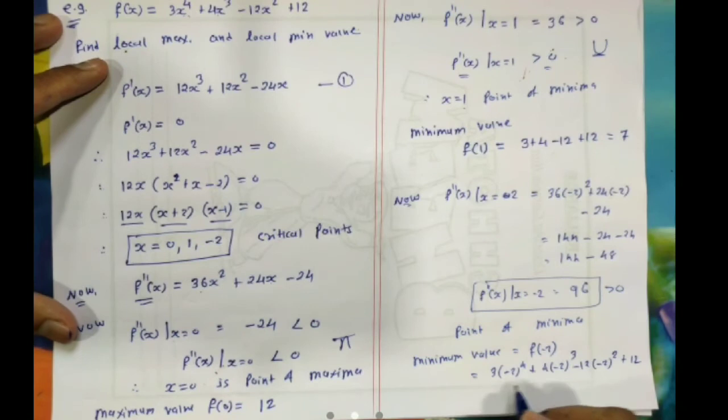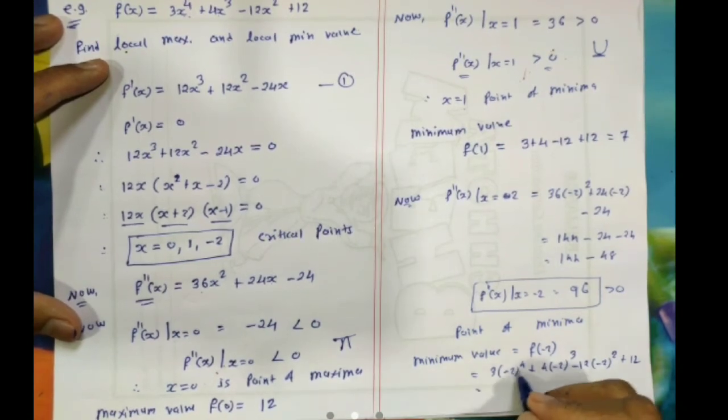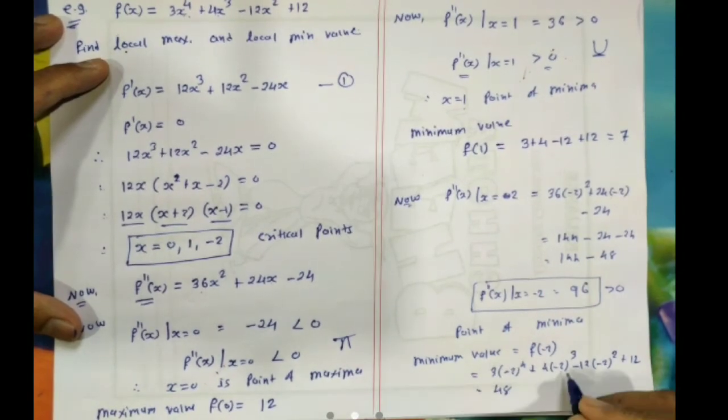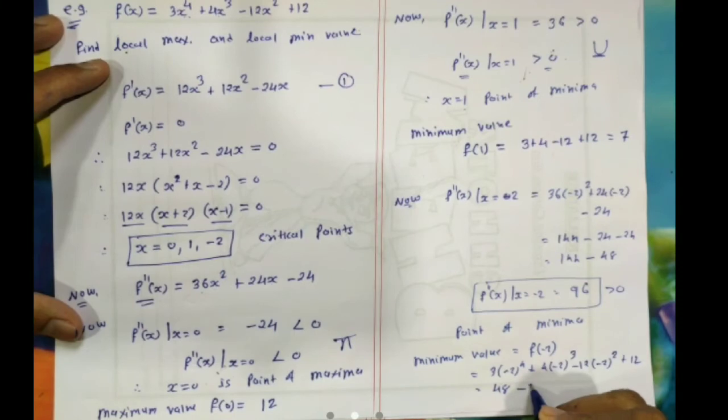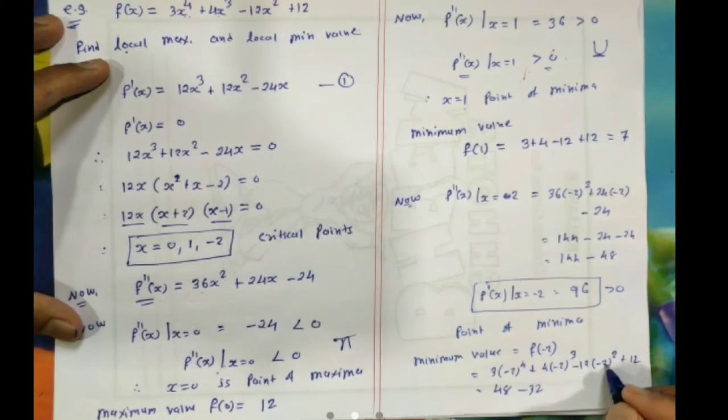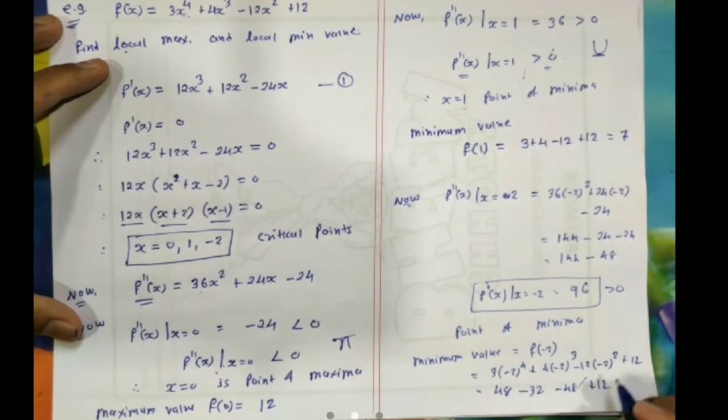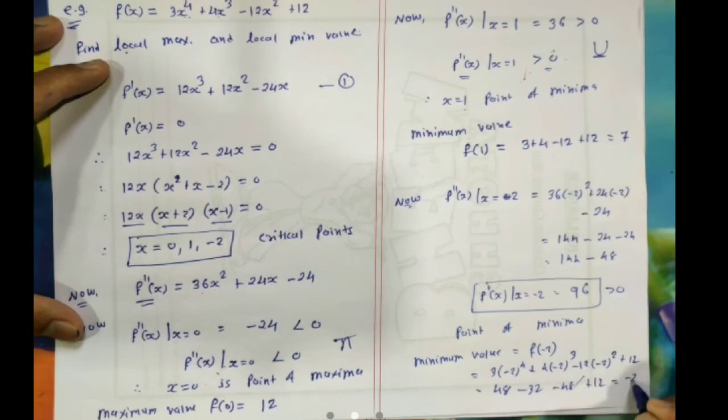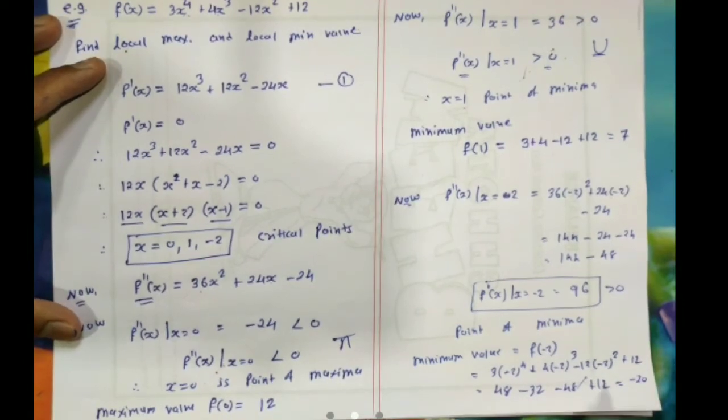So minus 2 raised to 4 is 16, 3 sixteens are 48, minus 8 minus 48 plus 12. So it will be minus 20. So minus 20 will be the minimum value.